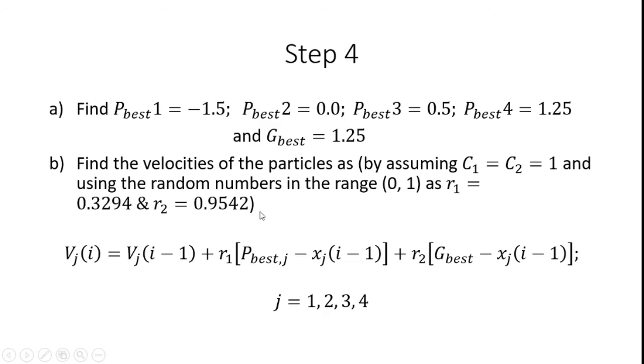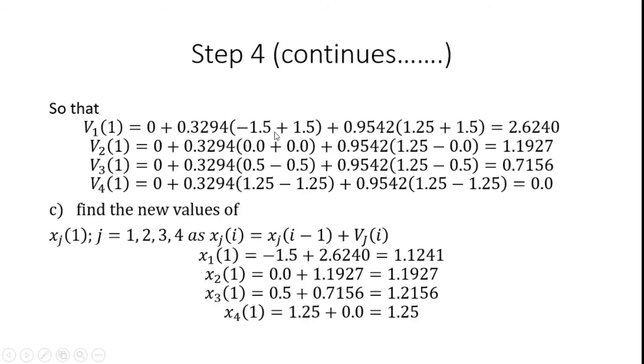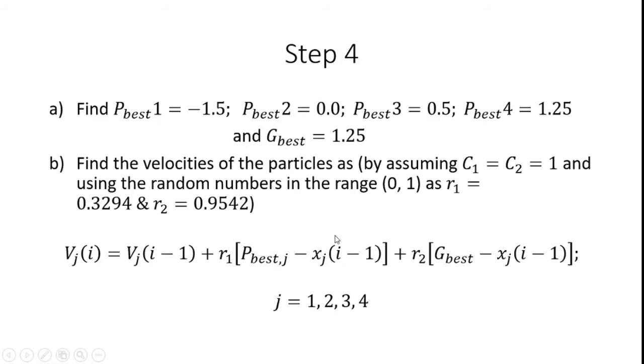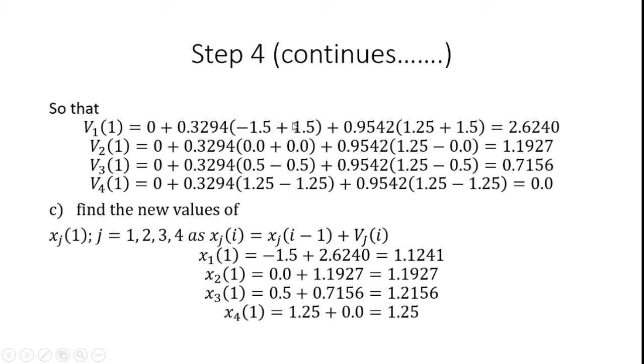The P best value available from the previous iteration is minus 1.5, so I substitute the same minus 1.5 here, and also minus xj of i minus 1. Here xj of i minus 1 means the same minus 1.5, so I substitute the minus 1.5. In the equation there is minus into minus, which is plus, so minus 1.5 plus 1.5.